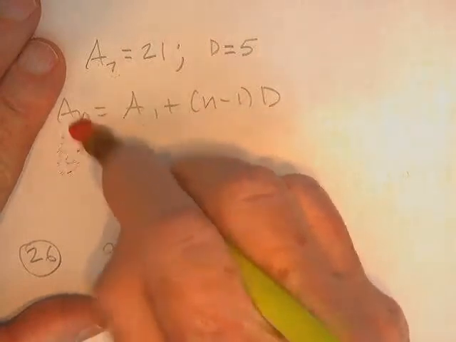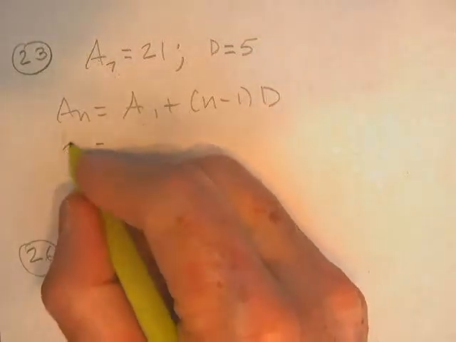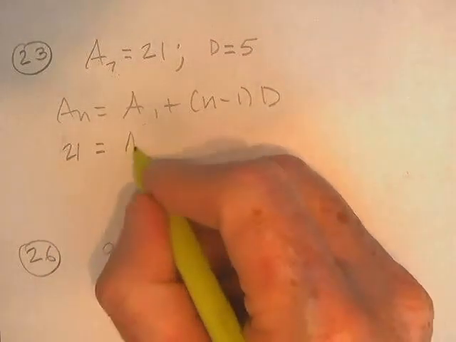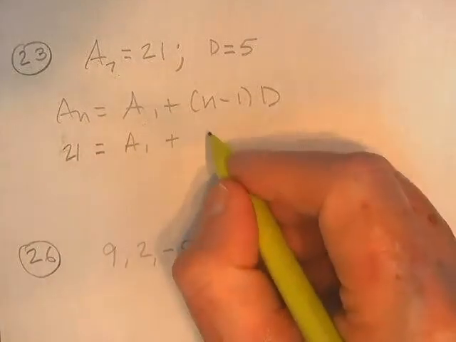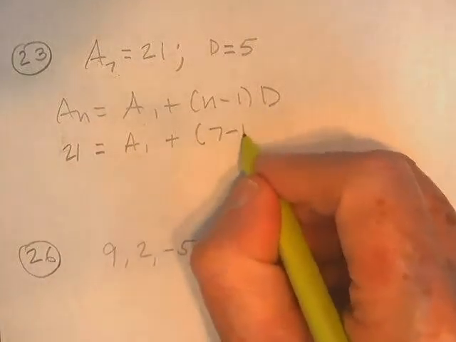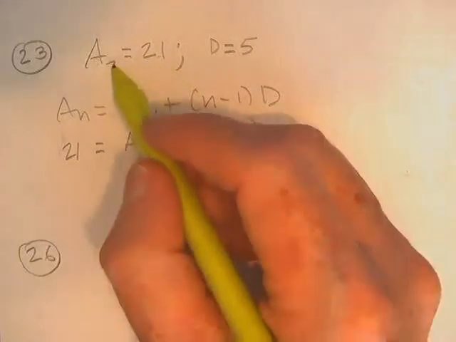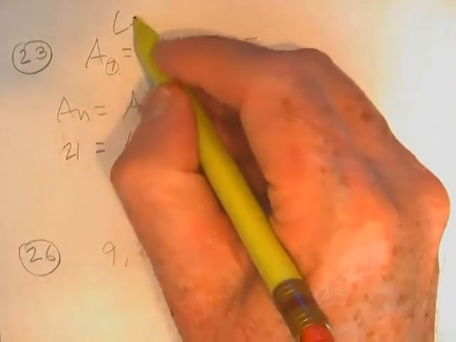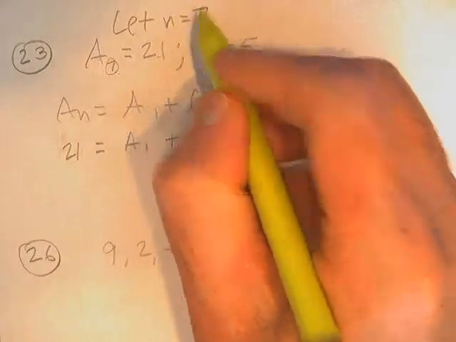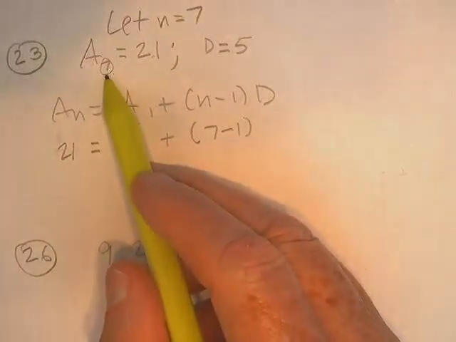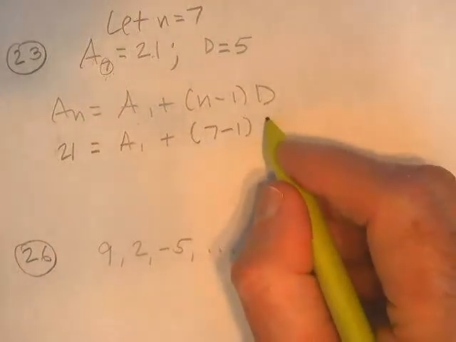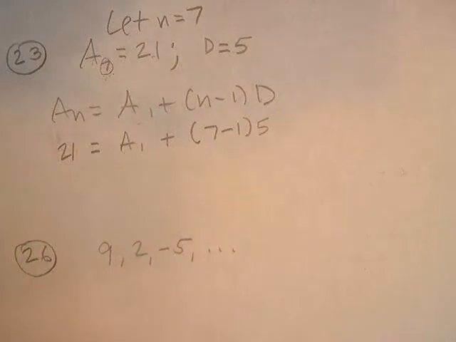We know that A7 is 21. We don't know the first term. But if A7 is 21, we're going to let n be 7. There it is right there. And this way we can solve for the first term.